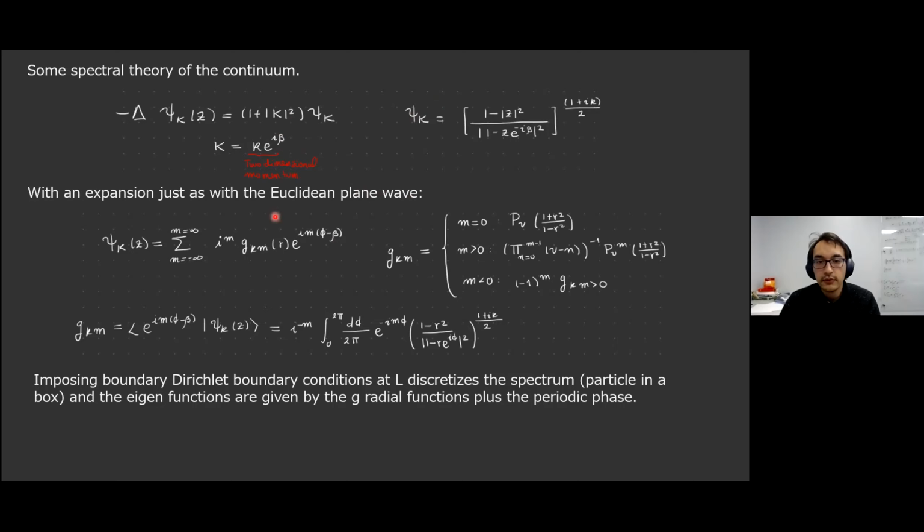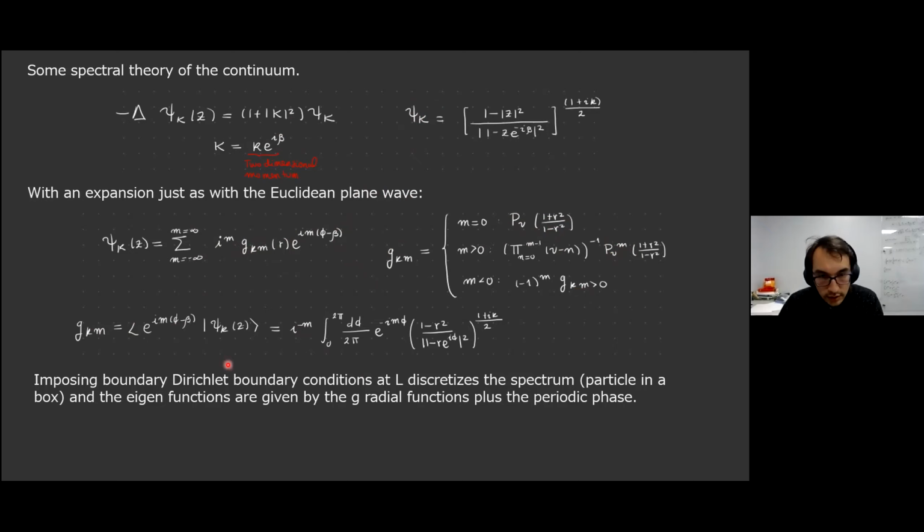And similarly to Euclidean space, we can do an expansion in terms of special functions like this, in terms of partial waves. In this case, the partial waves will be given by Legendre polynomials of a special kind, which would be Legendre functions in this case.